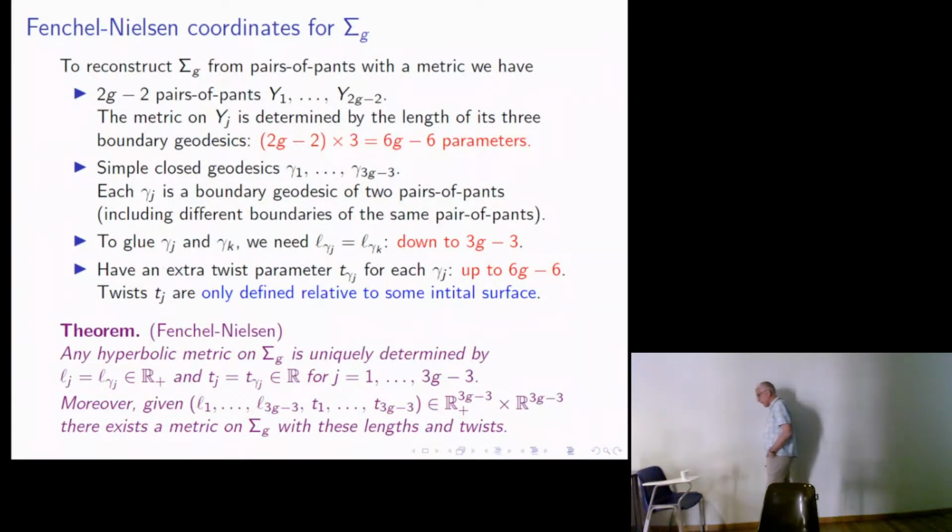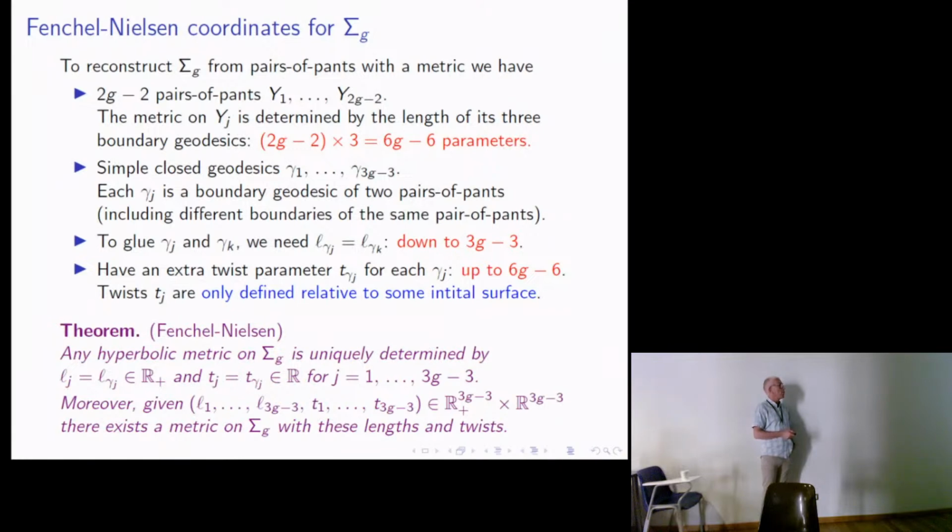They use this like hyperbolic Lego, so we build up our surface from all these pairs of pants. We know how to do the structure on each pair of pants, and we know how to glue them together. So let's do a little parameter count for fun. We have 2g minus 2 pairs of pants, each determined by the lengths of three edges, so I get 6g minus 6.